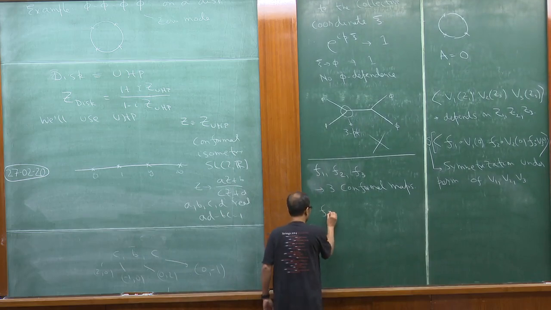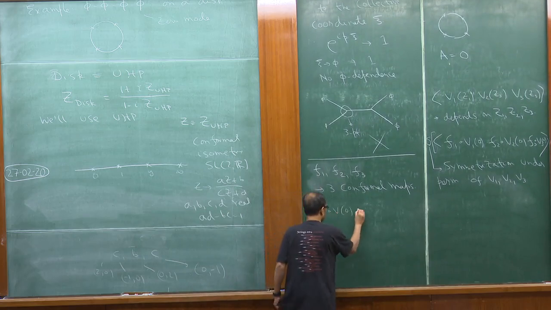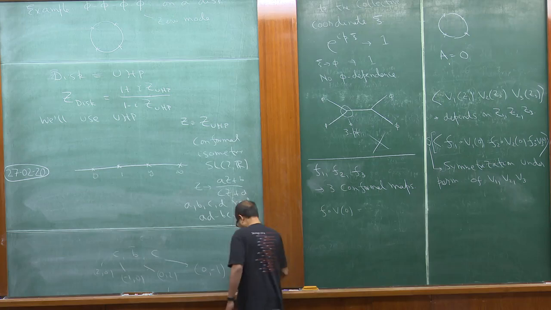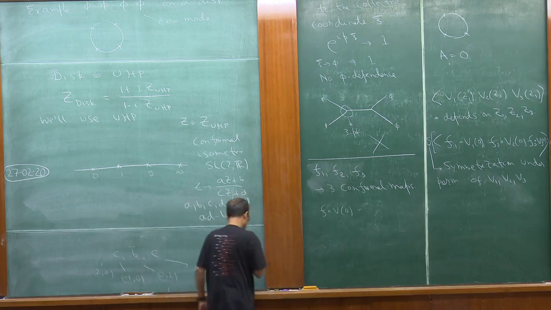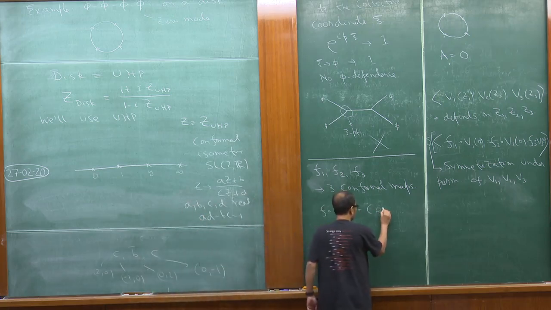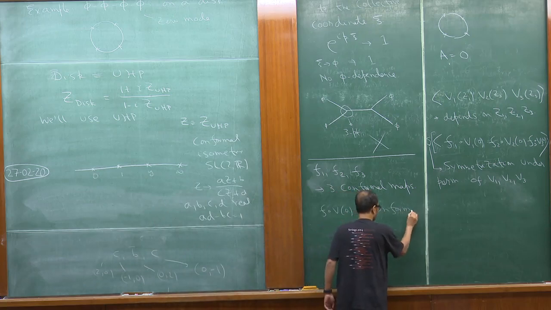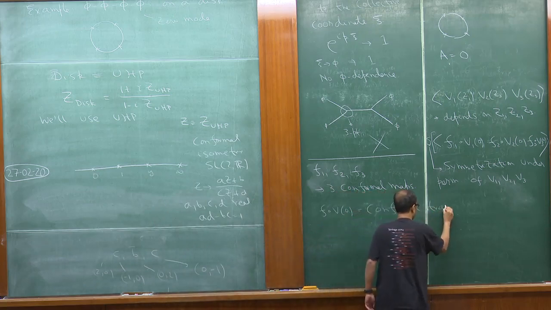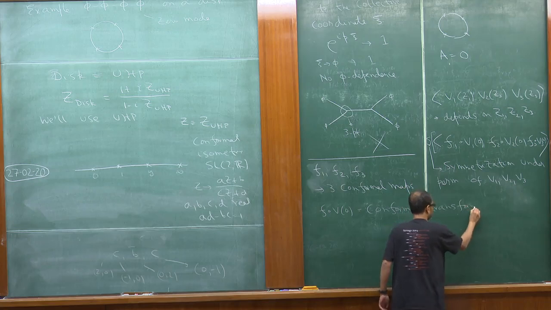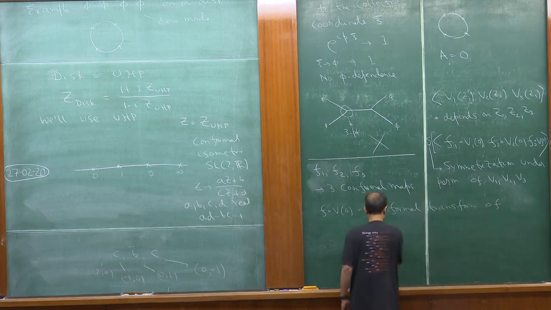f dot V of 0 is by definition the conformal transform of V under f.